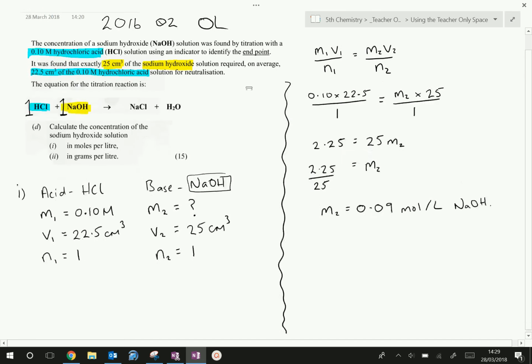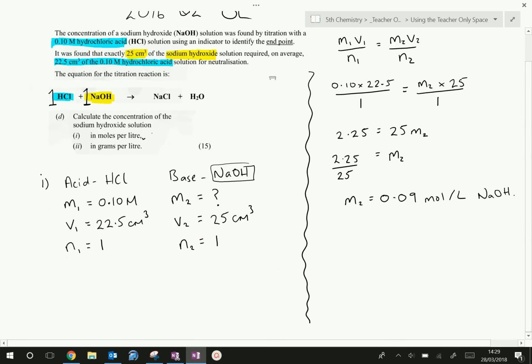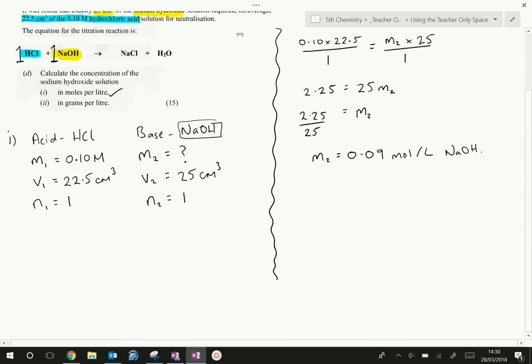So that's part 1 finished. That is, calculate the concentration of the sodium hydroxide solution in moles per litre. That's done. Now I need it in grams per litre. To turn moles per litre into grams per litre, we need to multiply the 0.09 by the molecular mass of sodium hydroxide.